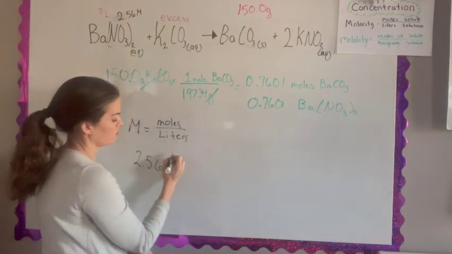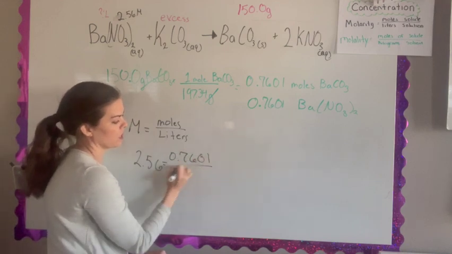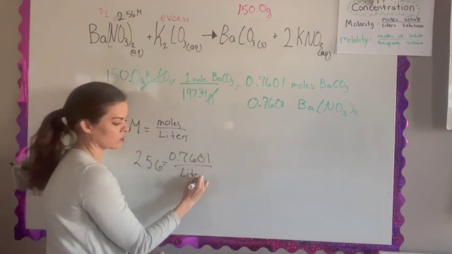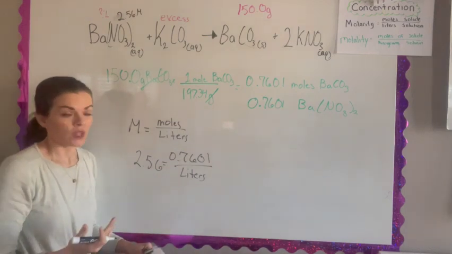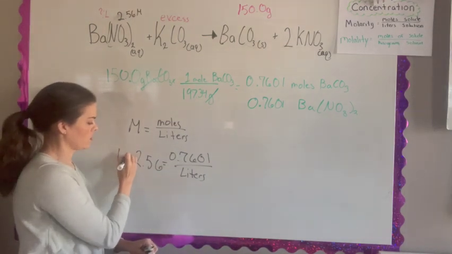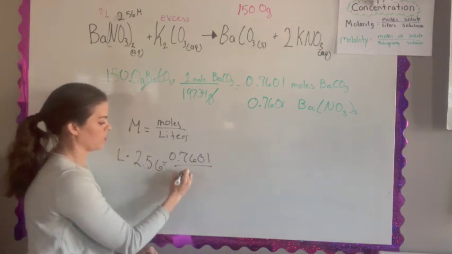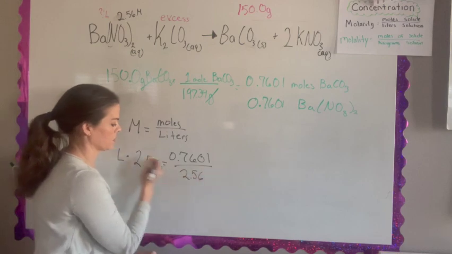I know my moles is 0.7601, and I don't know my liters, but I can solve for it. So I would multiply liters over here, and then just divide both sides by 2.56.